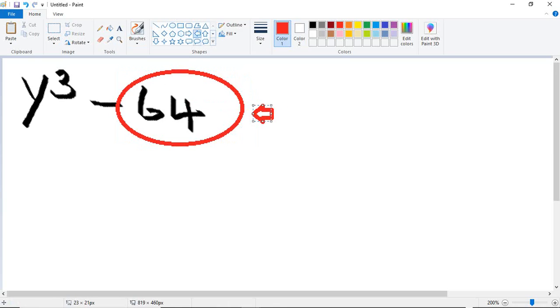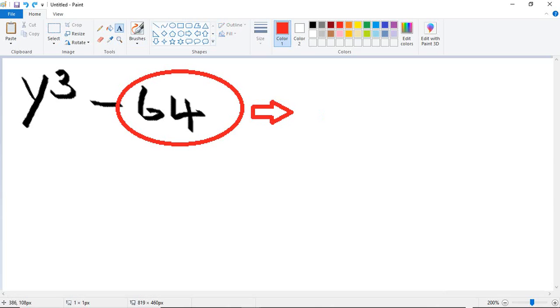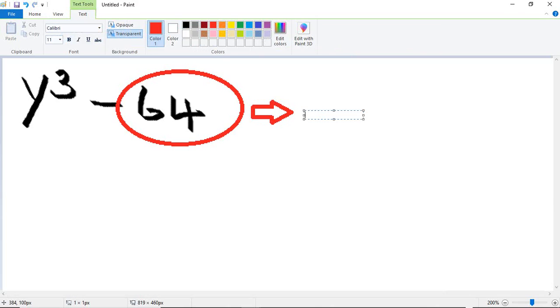With this 64, it is just going to be the same thing as 4 to the power of 3. This is technically the same thing. I hope that you understand.